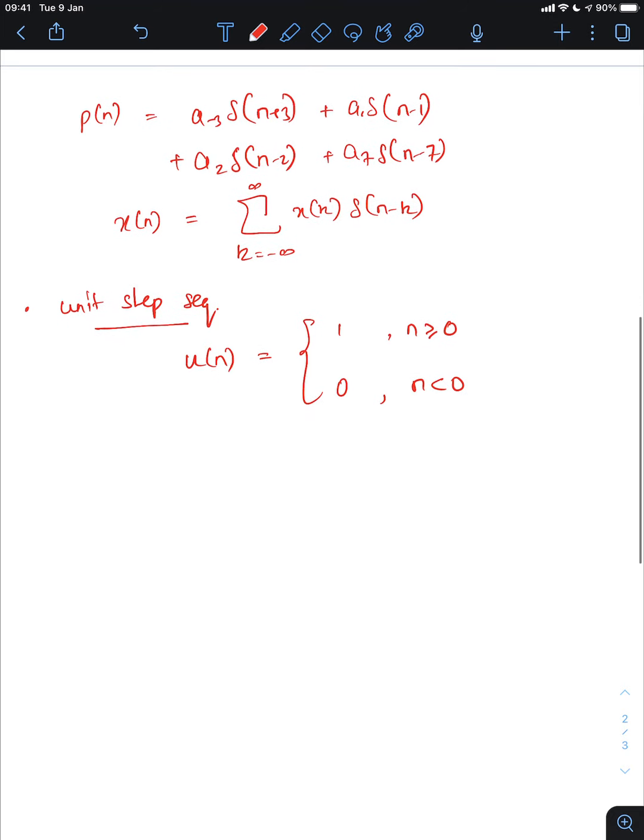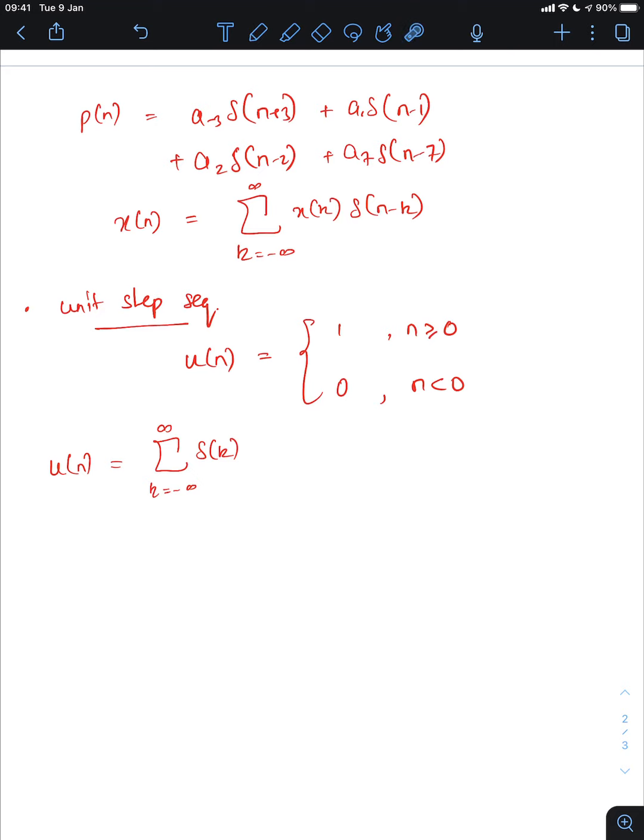Now if we want to establish a relationship between the unit sample sequence and the unit step sequence, it can be represented as u of n equal to the summation of k from minus infinity to n of delta of k.